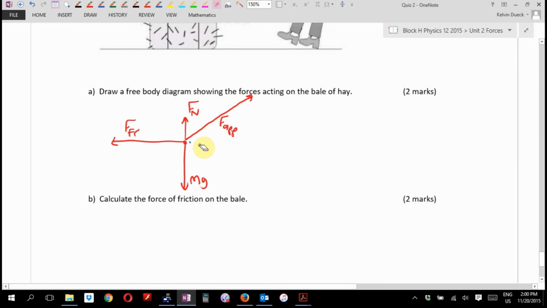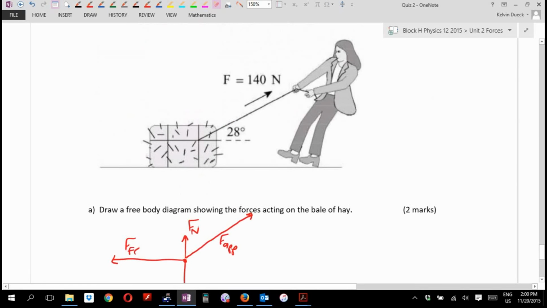But I'm actually going to label my picture now, too. Fx, Fy, friction. Friction should be red because it's not a component. Mr. Dewick, be consistent. Cool.